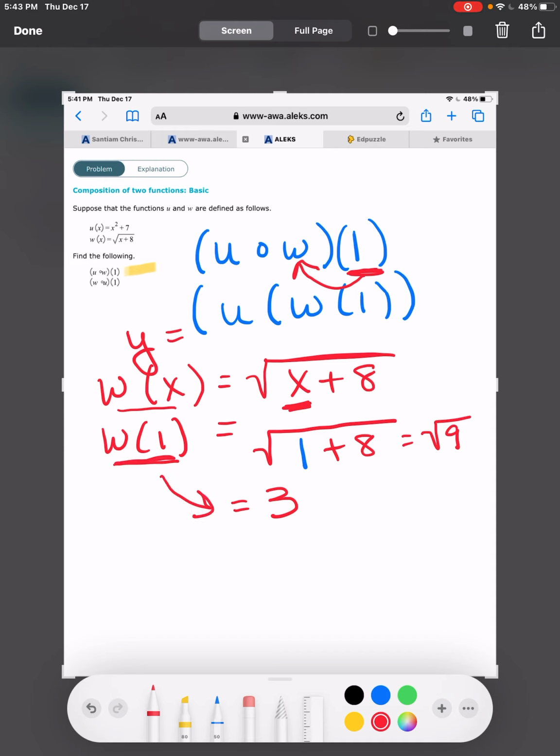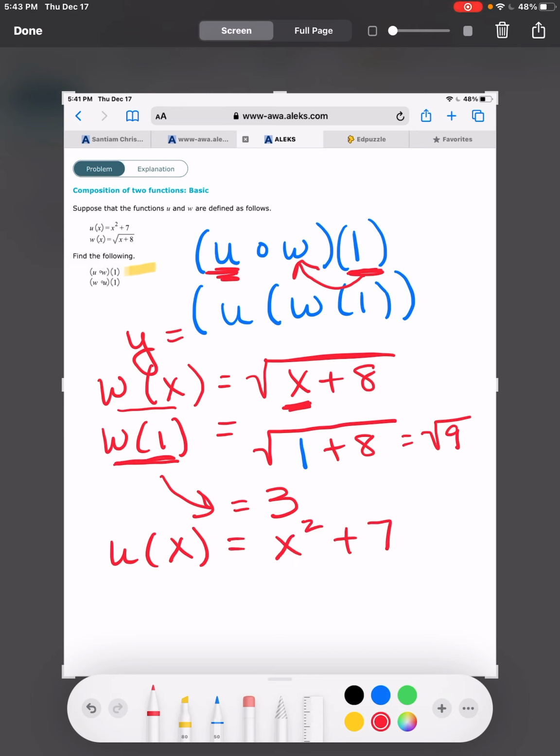So what I'm going to do now is take that number and plug it into the u function. And the u function says u of x equals x squared plus 7.